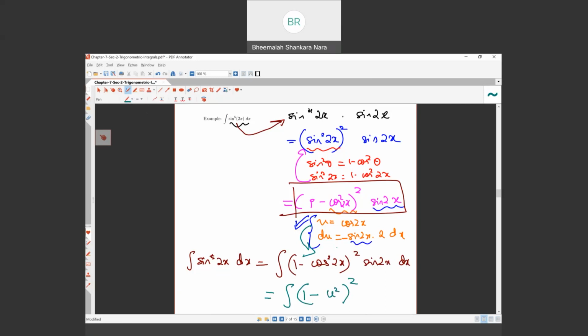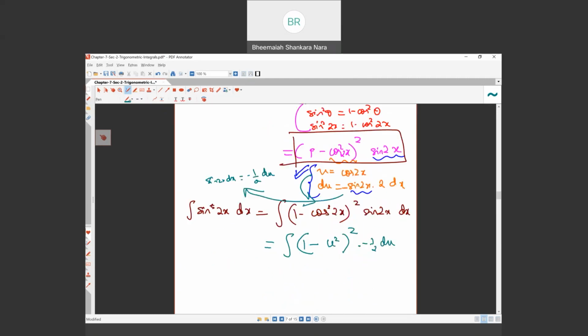And from this last line, I can rewrite sine 2x dx as negative 1 half du. So sine 2x dx is negative 1 half du. The negative 1 half goes outside and you FOIL the 1 minus u square times the square term.